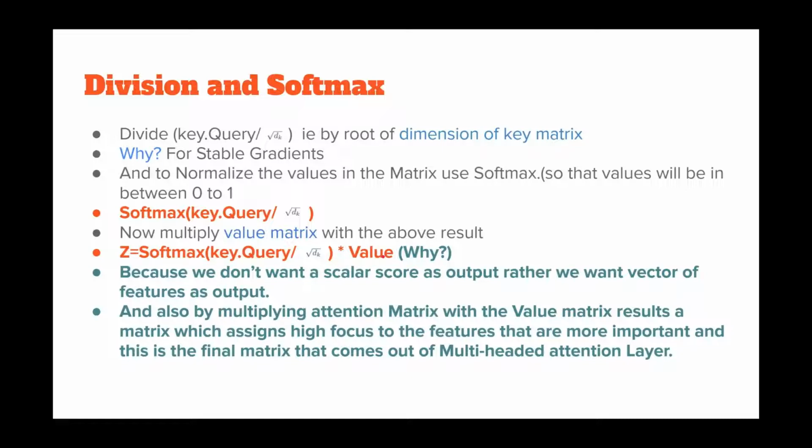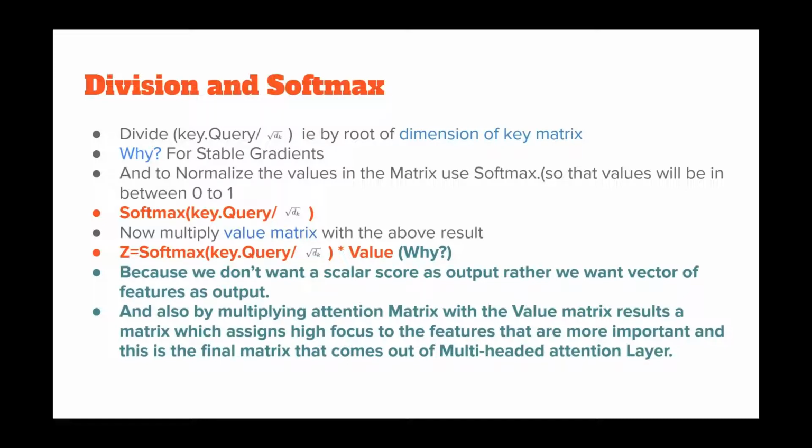Why are we multiplying with the value matrix? Because we don't want a scalar score as output, rather we want a vector of features as output. When we do the key dot query dot product, we usually get scalar values, but we don't want scalar values in the end. We want a vector.